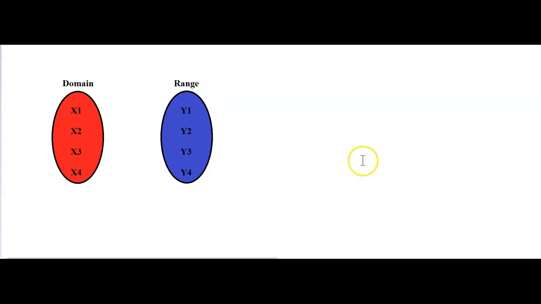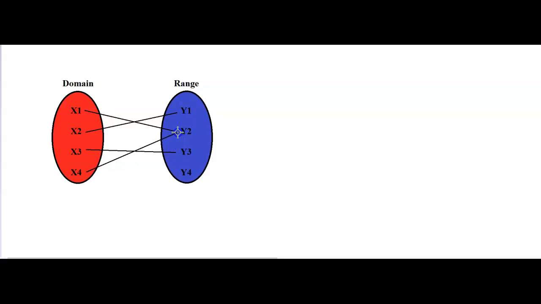We could look at it using an image like this, where elements in the domain, these x's, map to elements in the range. If we have a one-to-one function, it makes a lot of sense that this x1 is only with this y2, and this y2 is only with this x1, nobody else. Maybe this x2 is with y1, and that y1 is only with that x2. x3 is only with maybe y3, and x4 would then have to be with y4.